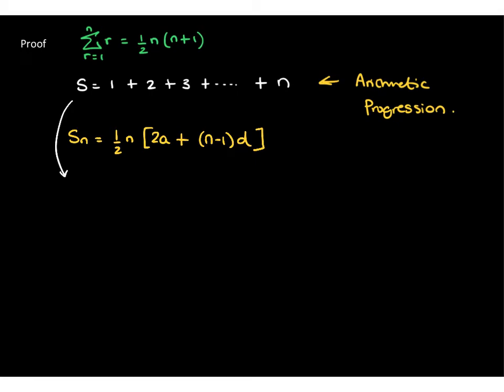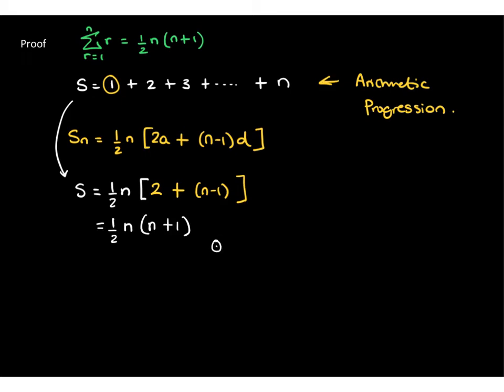So our series total is equal to a half n, well, there's n terms, 2a, the first term is 1, so that gives us a 2 here, plus n minus 1, and of course the common difference d is just equal to 1 as well. So we have this. Now simplify this and we get a half n plus 1. So we've proven this result here.